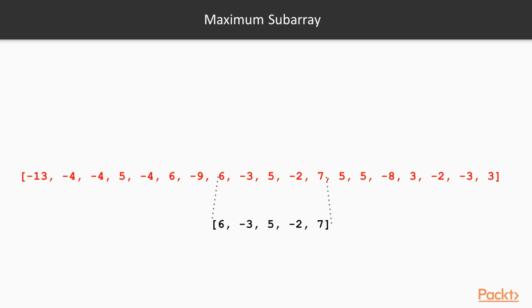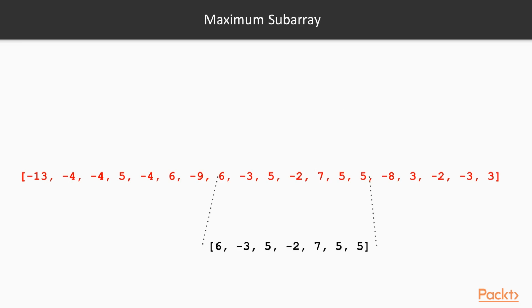In this problem, we want to find the subarray, where if we sum up the contents, the result is the highest of any other possible subarray. This particular problem is called the maximum subarray problem. For example, this subarray has a sum of 13. However, it's not the largest, as this subarray has a sum of 17, which is larger.